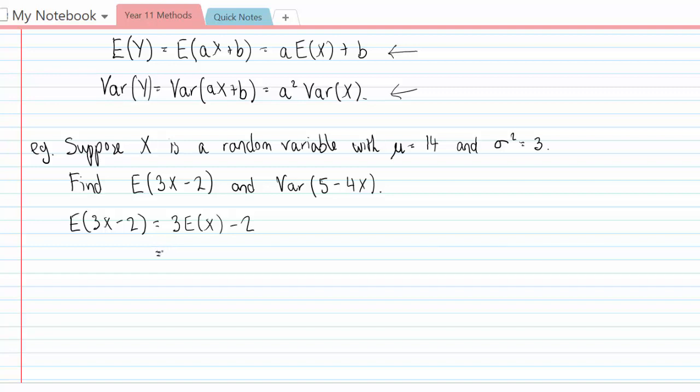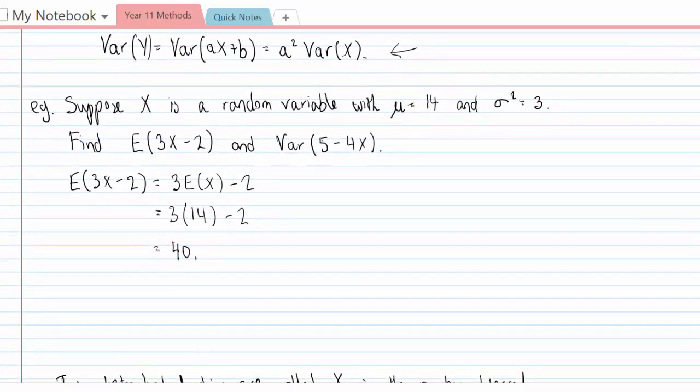So subbing in E of x there, I know E of x is just 14 from the question, minus 2. So 3 times 14 is going to be 42, minus 2 leaves us with 40.